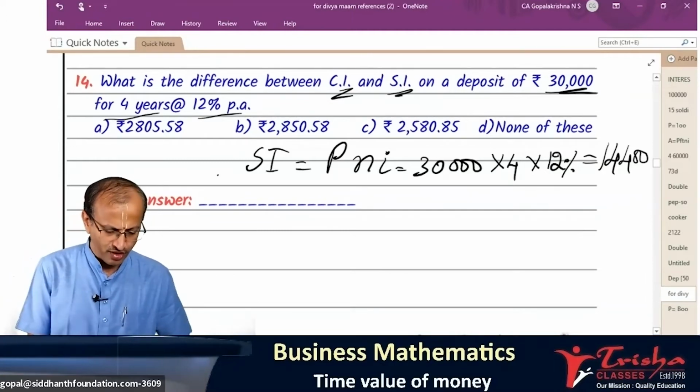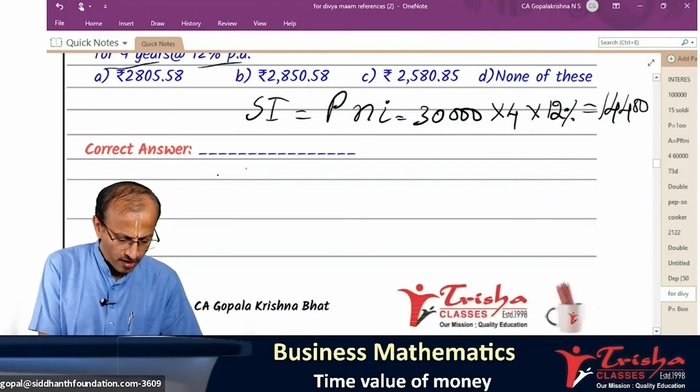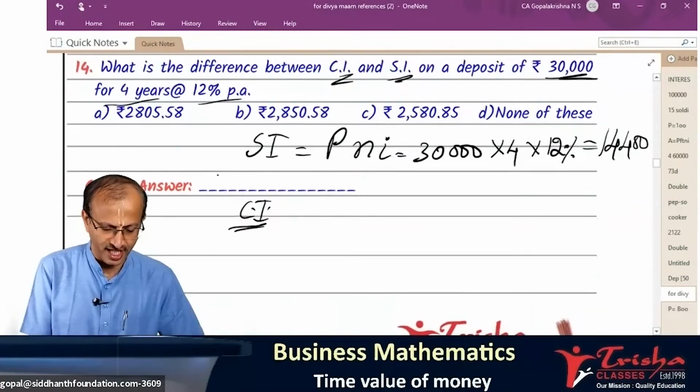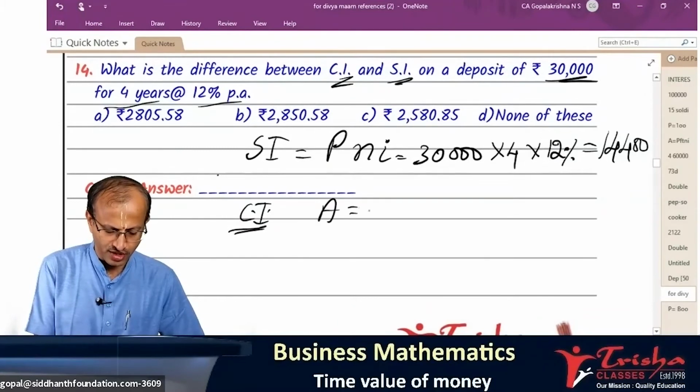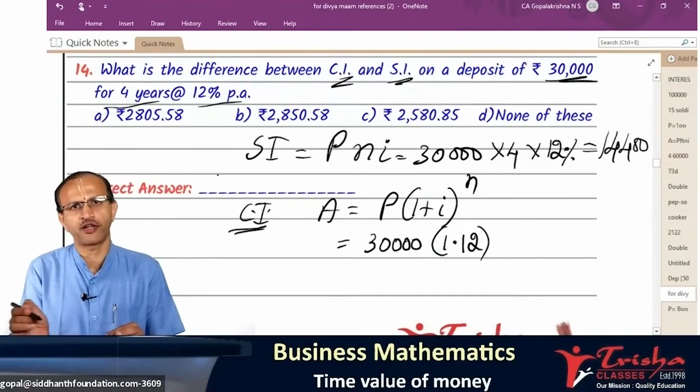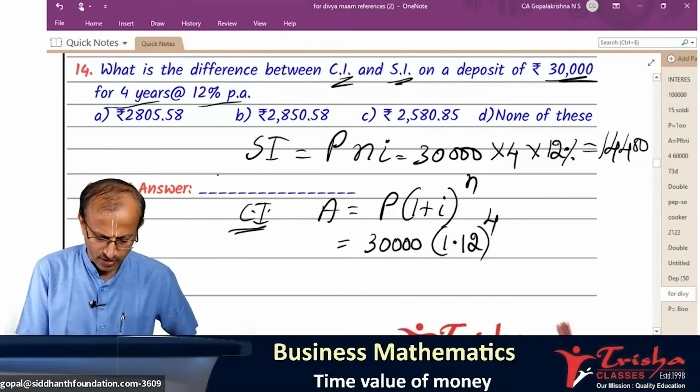Super. Now we have to work out CI. But we don't get CI first, you get A, right? How do you find A first? A is equal to P into 1 plus I to the power N. So 30,000 into 1.12, that is 1 plus 0.12, to the power 4.